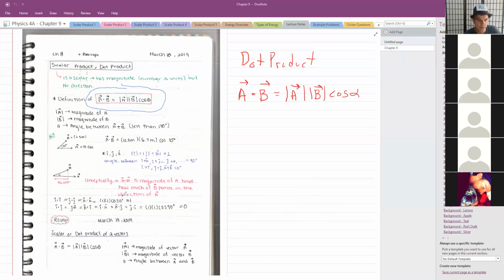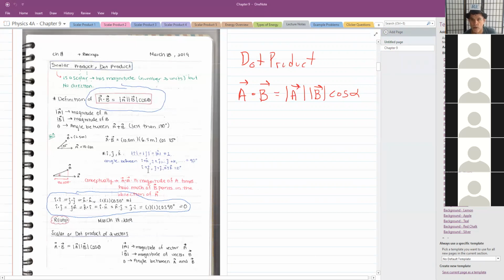From that definition, you can show that for two unit vectors dotted with themselves, i dot i, j dot j, k dot k, that ends up giving me 1, just because the length of any unit vector is 1 and the angle between a unit vector and itself is 0. So any unit vector dotted into a different unit vector, i dot j, j dot k, k dot i, will all give me 0 because the angle between them is 90 degrees.